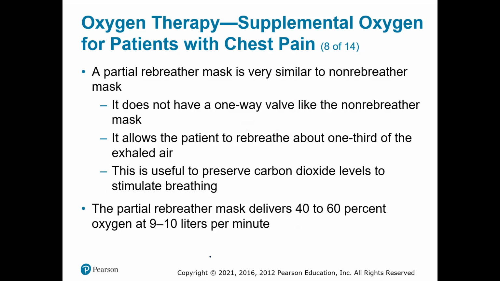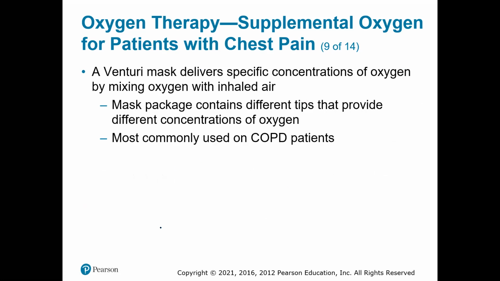Partial rebreather mask. There's not many places that actually have a partial rebreather mask. It does not have the one-way valve like the non-rebreather, and so it does allow the patient to rebreathe a little bit of their exhaled air. So it is useful in keeping some of the carbon dioxide levels. Venturi mask, you can actually specify the oxygen concentrations.